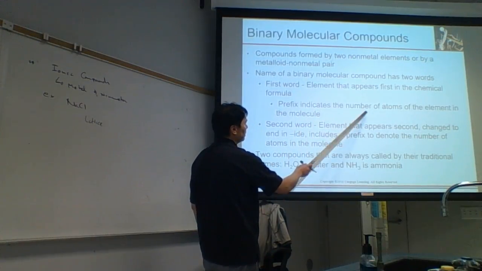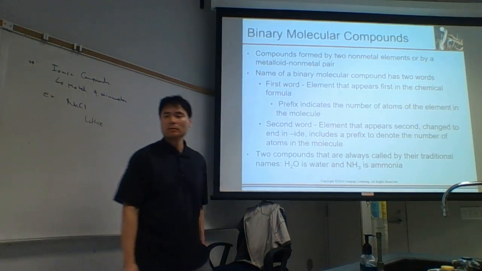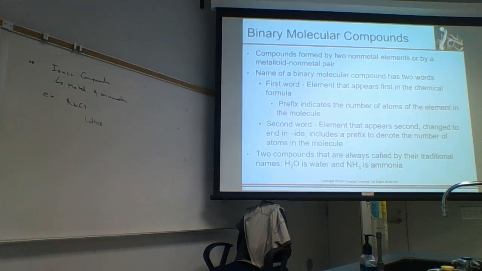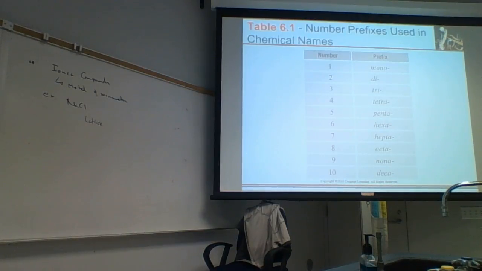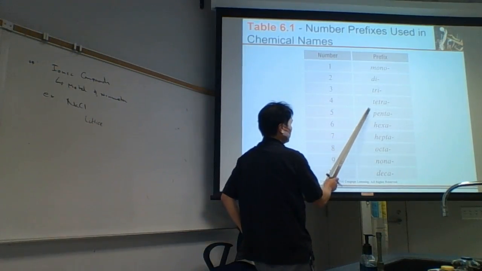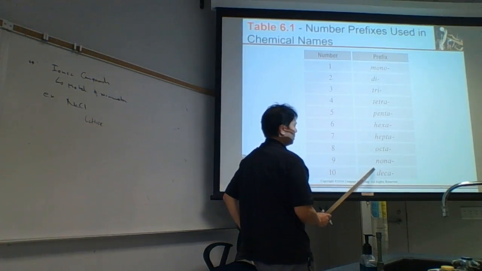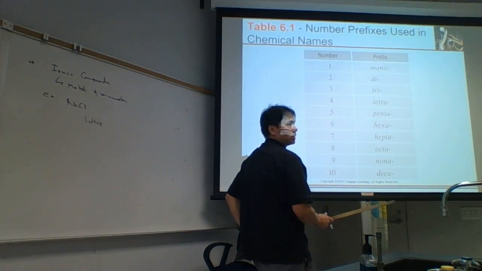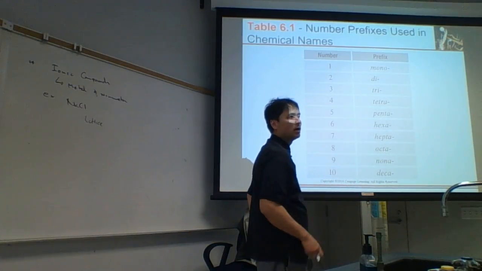And the prefixes indicate the number. The prefixes that we include are mono for one, di, tri, tetra, penta, hexa, hepta, octa, nona, deca. This is something you need to memorize as well.